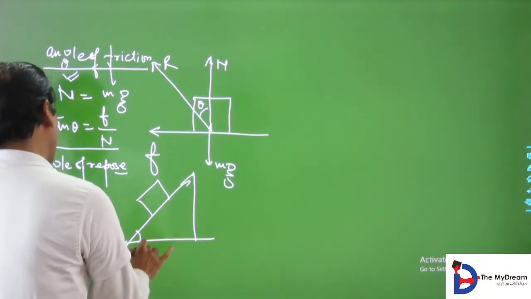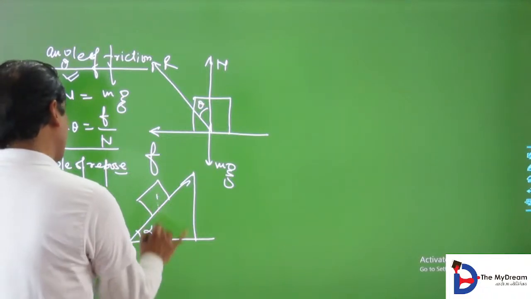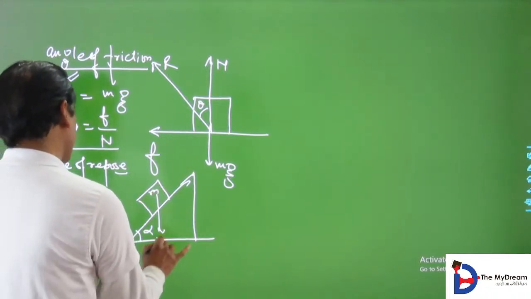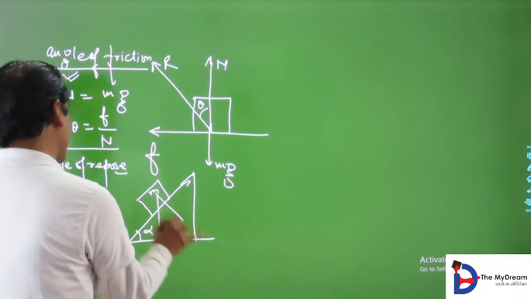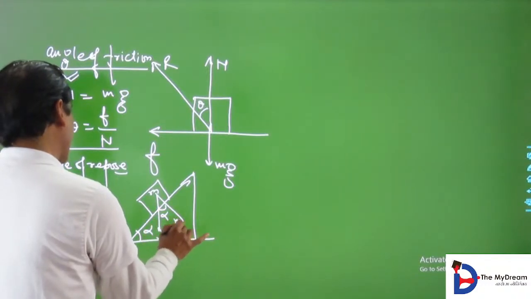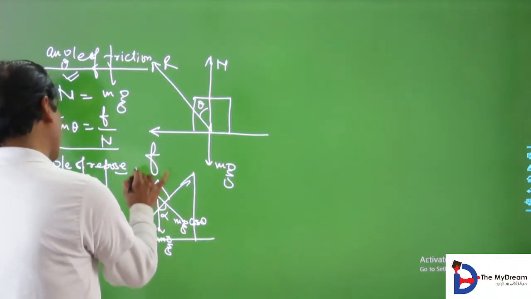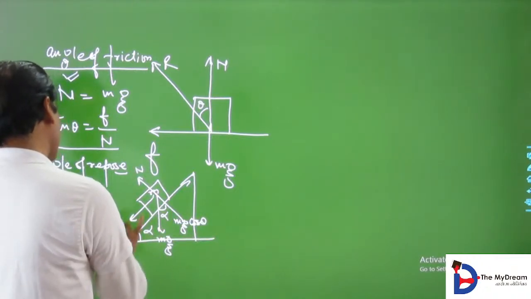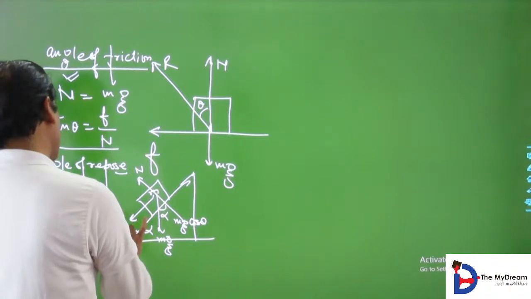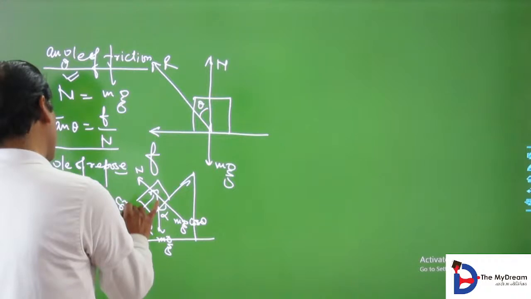This is the angle alpha, this one is the weight, it makes an angle alpha. This is the horizontal component, this one is the normal, this is mg sin theta.